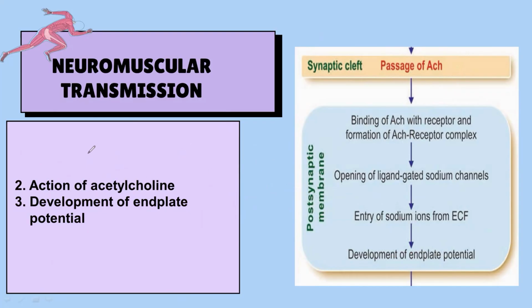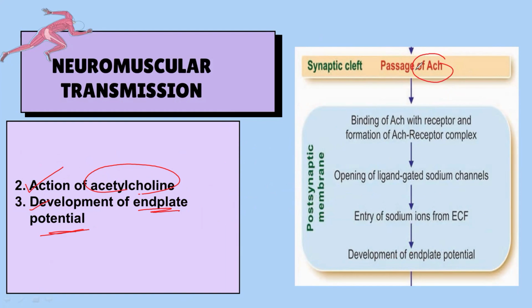The second events are the action of acetylcholine and development of end plate potential. When action potential reaches the axon terminals, it causes opening of voltage gated calcium channels.